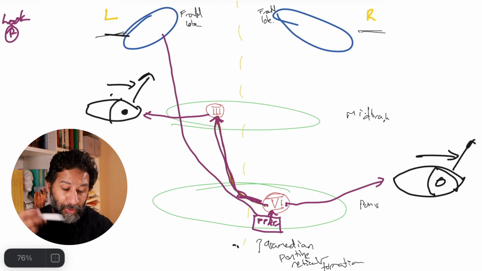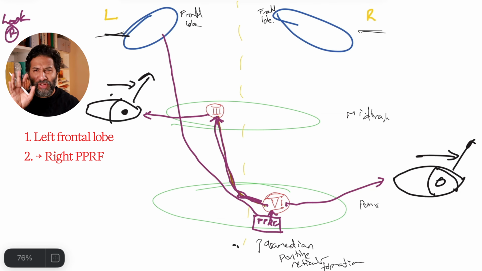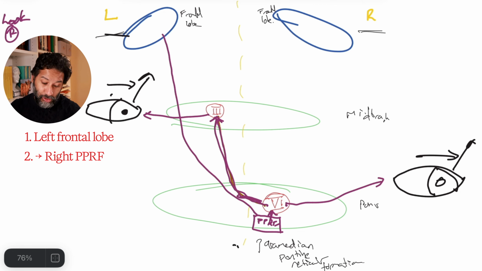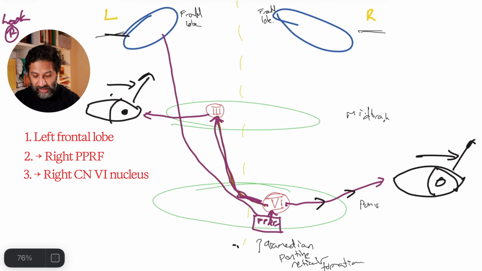So if we were to remember our pathways, we're going from the left frontal lobe down to the right paramedian pontine reticular formation. A lot to say. That sends fibers to the sixth nerve nucleus. The sixth nerve nucleus gets activated, sends signal down the sixth nerve to the lateral rectus muscle that abducts the right eye.